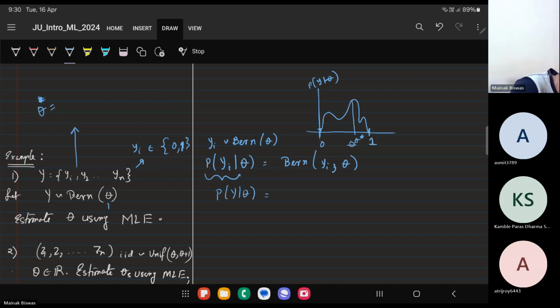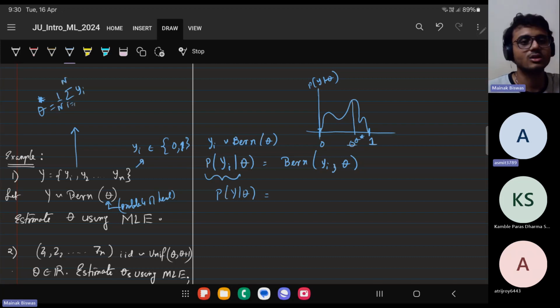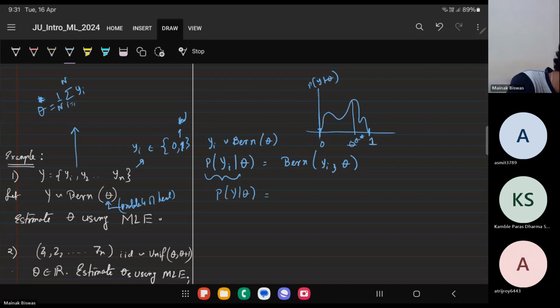Theta is the probability of heads. So number of heads by total trials, so summation of yi, i equal to 1 to n, by 1 by n, right? Good. Because heads are 1 and tails are 0, as we have seen in random processes.